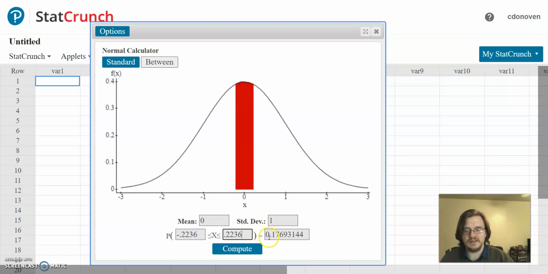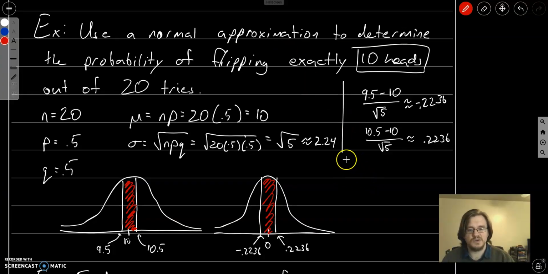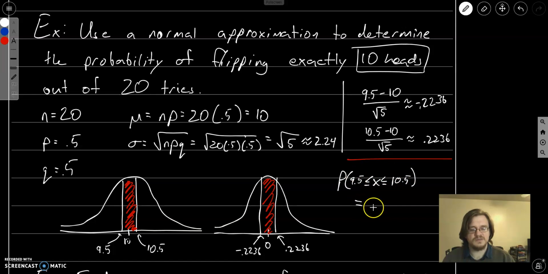And here is our probability, 17.69%. So the probability of x being between 9.5 and 10.5 is equal to 0.176.